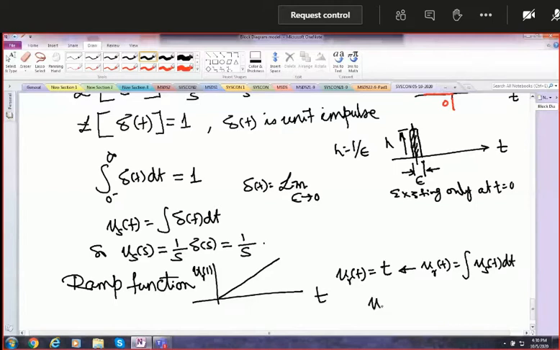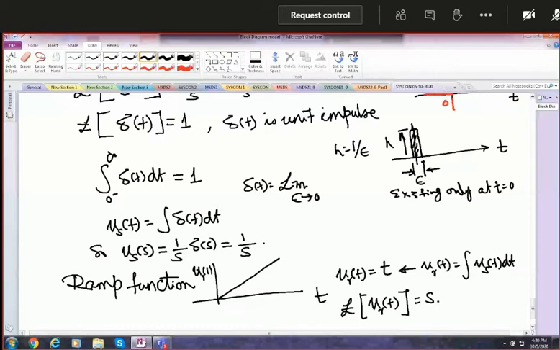So the Laplace transform of u_r(t) is 1 by s times the Laplace transform of the unit step, that is 1 by s square.